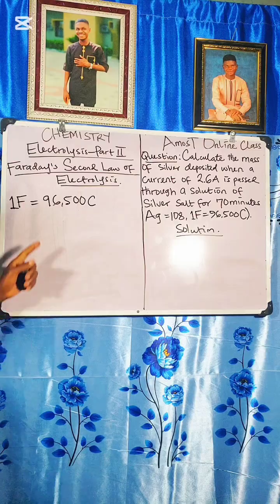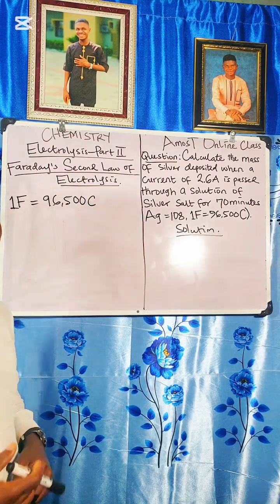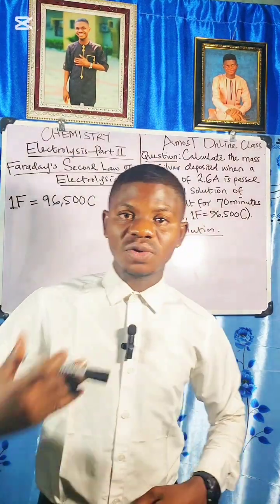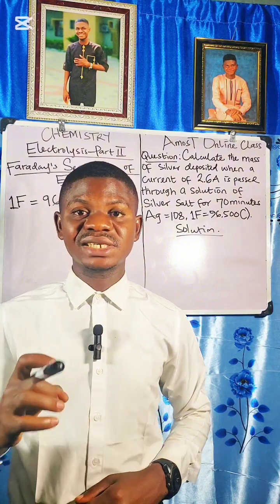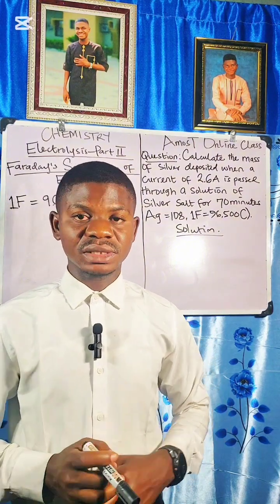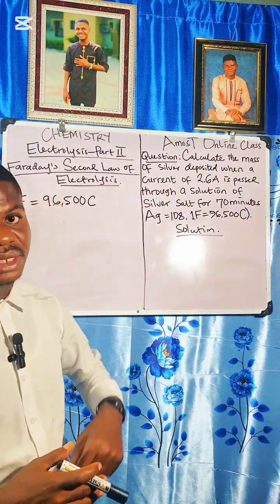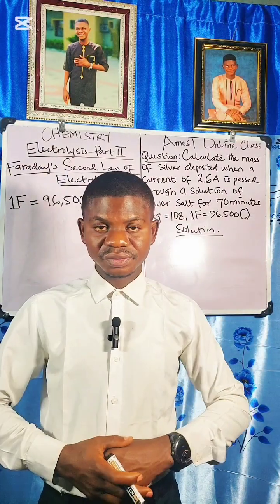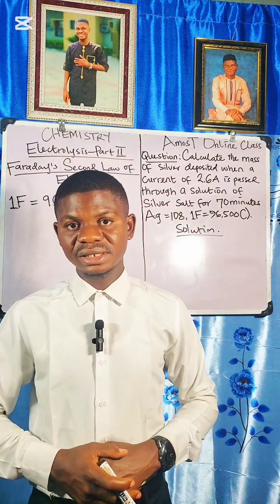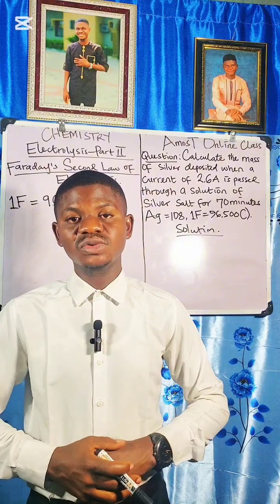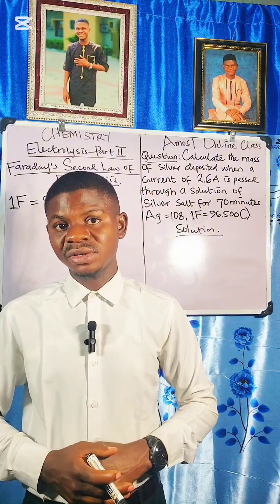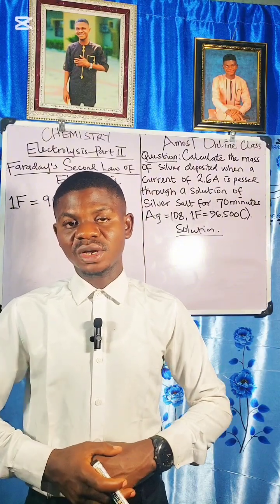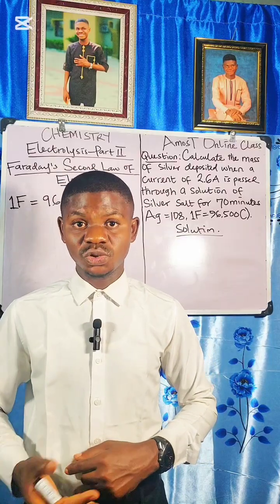Now, I define Faraday as the minimum quantity of electricity that is required to liberate 1 mole of a singly charged ion. Let's understand what I've said. 1 Faraday will be required to liberate 1 mole of a singly charged ion for a monovalent element like sodium.